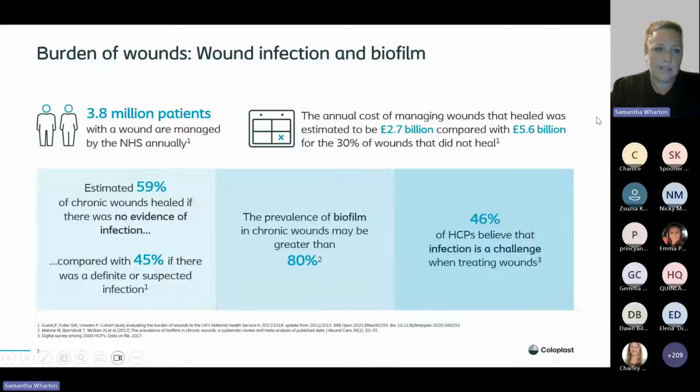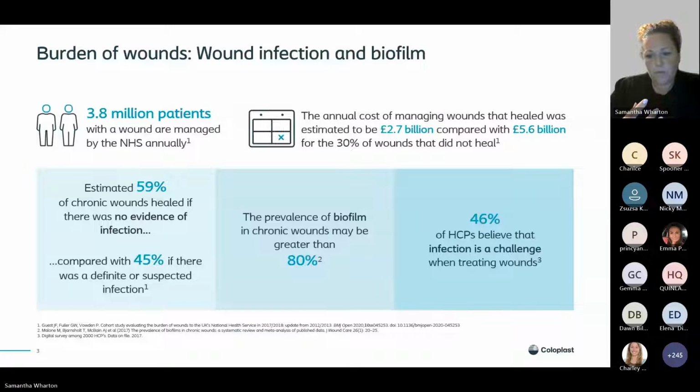in your clinical practice. So we're going to have a look at some of the figures around the burden of wounds. If you're familiar with the work of Julian Guest, he's done a pivotal study looking at the burden of wounds. We know from this study that 3.8 million patients with wounds are managed annually, and that the cost is forever increasing.